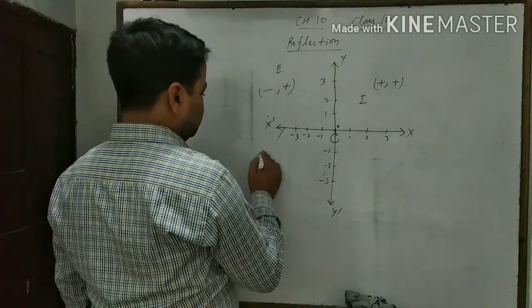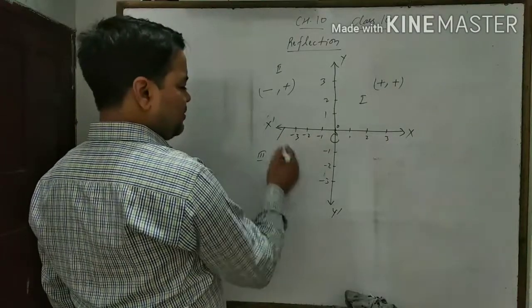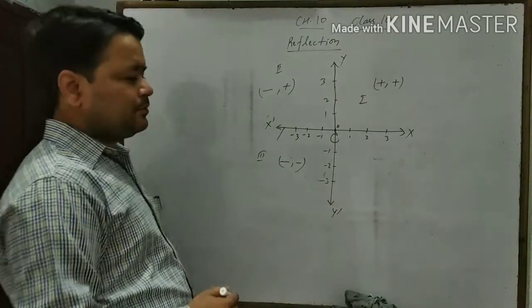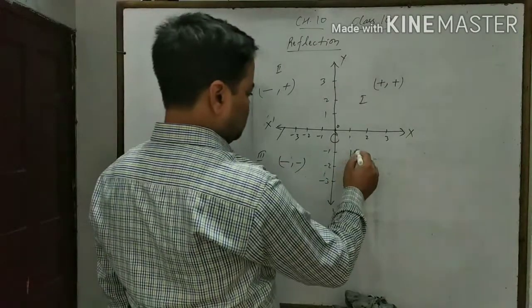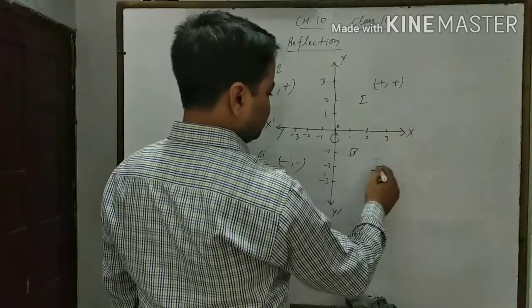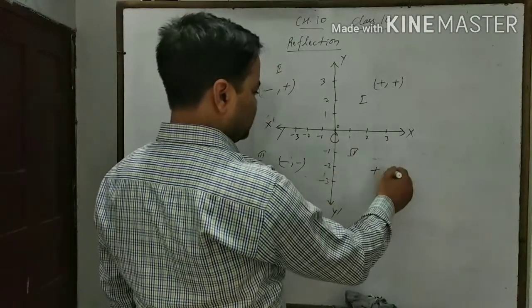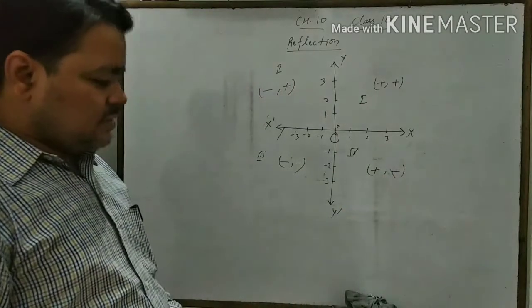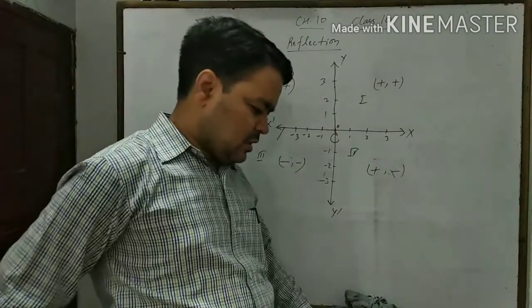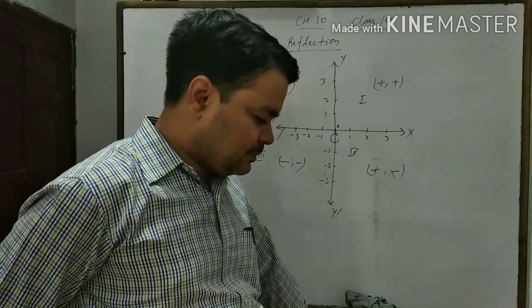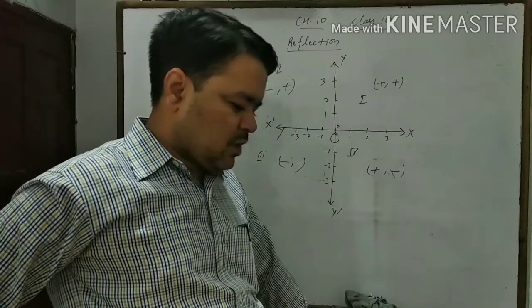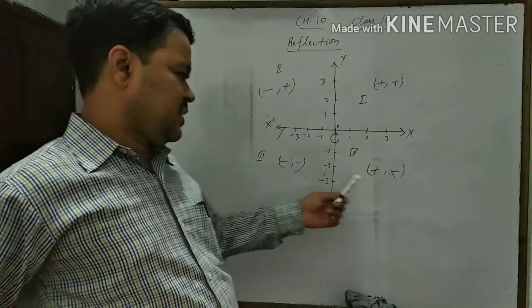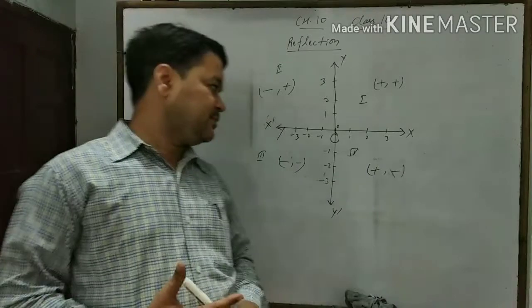Similarly for the third quadrant, negative direction of x-axis, negative direction of y-axis, so minus minus. For the fourth quadrant, positive direction of x-axis, negative direction of y-axis, so plus minus. This is called the convention for sign of coordinates: plus plus, minus plus, minus minus, and plus minus.